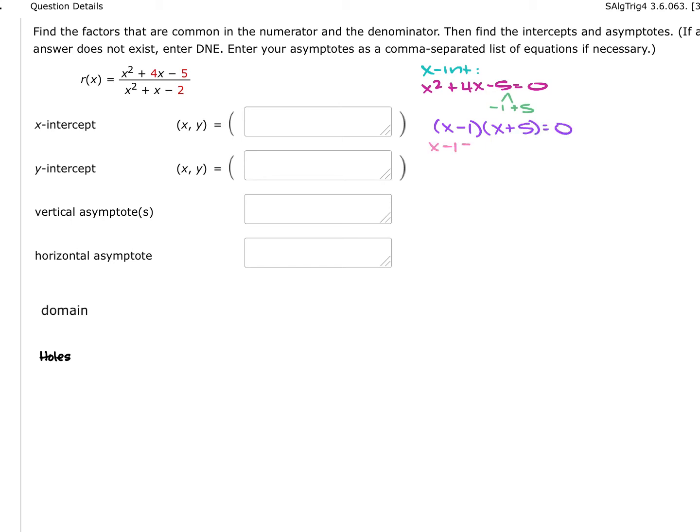Set them both equal to 0 and solve them. Move your 1 over, add it to both sides. You get that x is equal to 1. Move your 5 over, subtract it from each side. You get that x is equal to negative 5. So these two are the ordered pairs of negative 5, 0 and 1, 0.